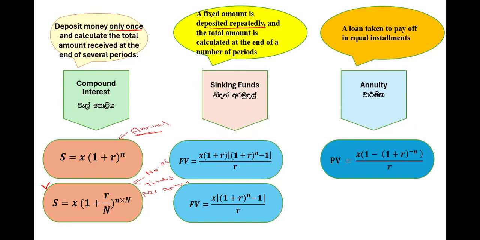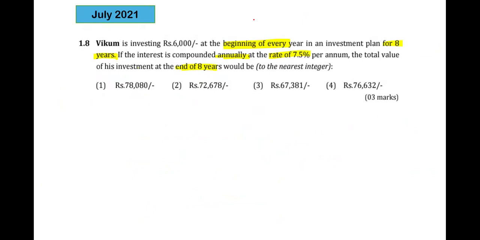Here a fixed amount is deposited repeatedly, meaning again and again. Here also the same: we invest 6,000 at the beginning of every year. How many times? 8 times, every year for 8 years. That means we deposit 8 times.